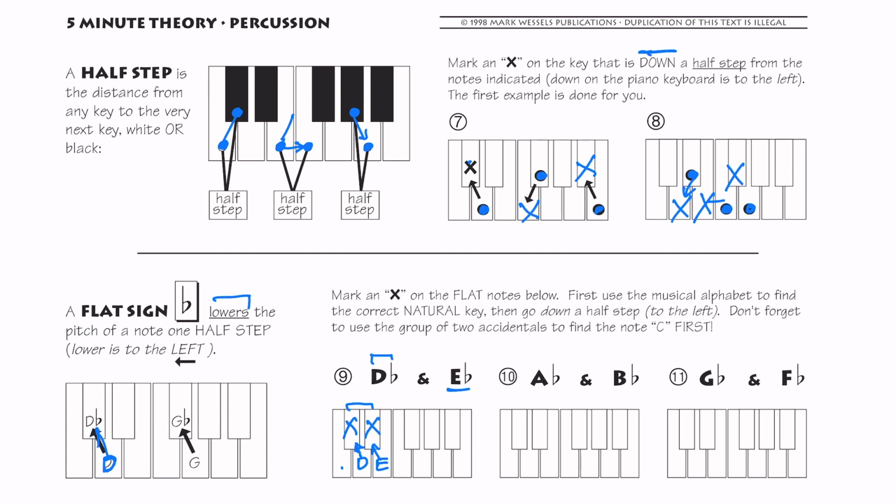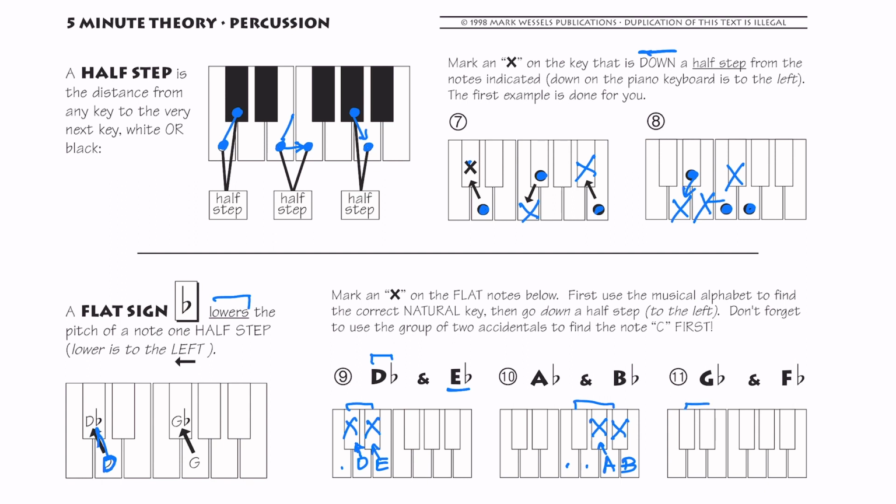All right. So number 10, we're going down a half step, which means to the left. Here's 3 accidentals. So here's my home key, F, G, A, and then A flat is right there. B is here, so B flat is there.